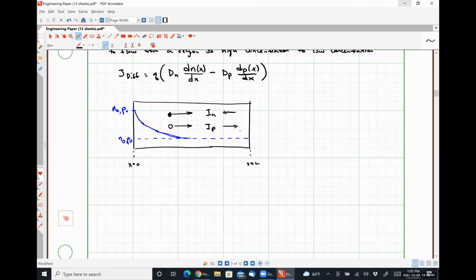So let's say that the carrier concentration N as a function of X is 10 to the 17 per centimeter cubed e to the negative X over LD, where LD is the mean free path for charge carriers in this particular crystal.